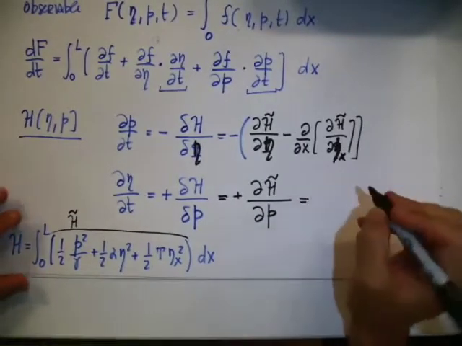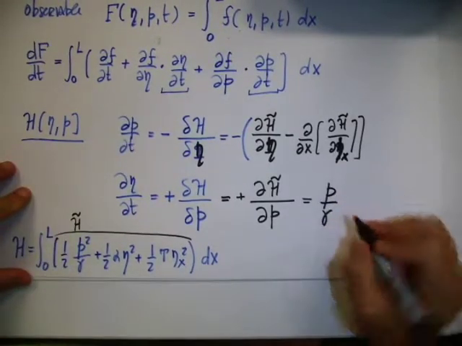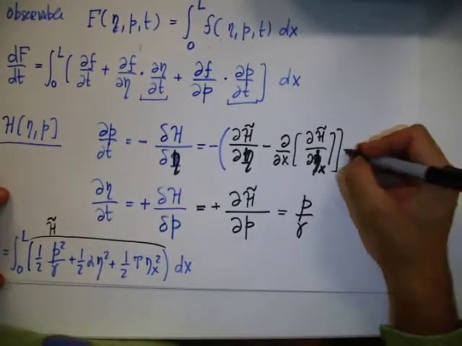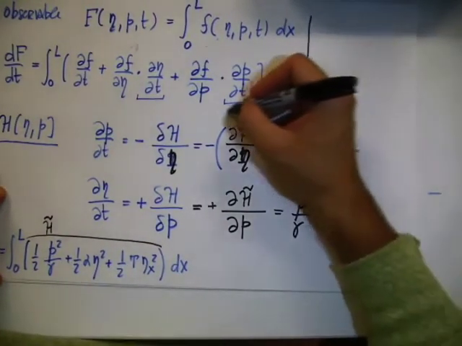And this is equal to what? This is simply equal to p divided by gamma. And here what do we get?